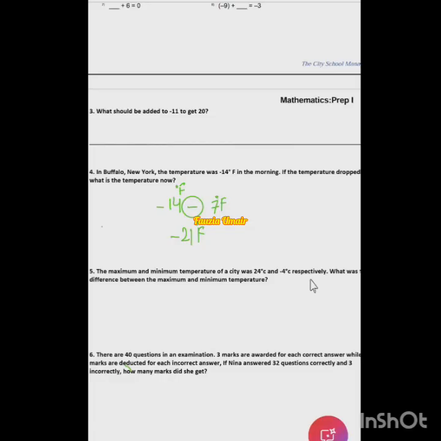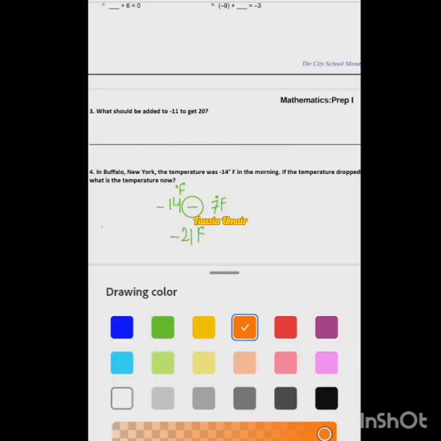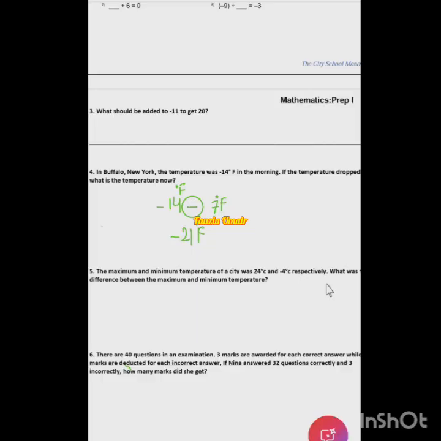So can you tell me, bete, why this word is here, respectively? What does respectively mean? Why is it there? Ma'am, it is telling us the maximum temperature, usually most of the time.